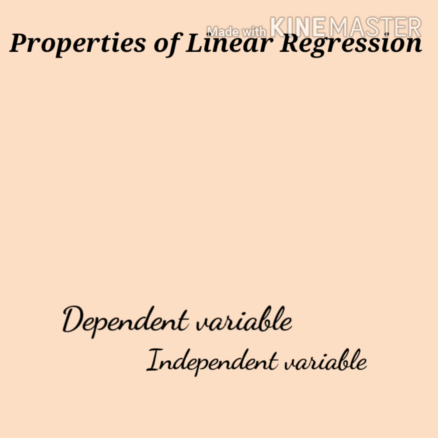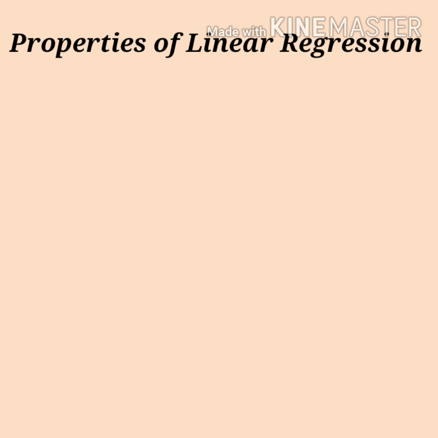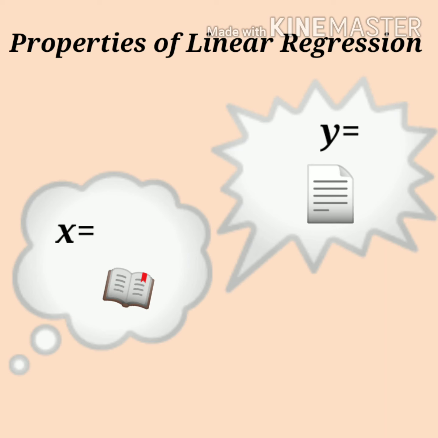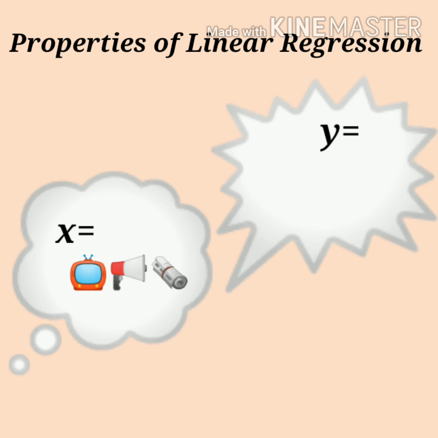Suppose in this regard I just give one example. Suppose variable x and variable y. Suppose x variable is denoting the hours of study and y variable is denoting the exam results. In other case, suppose the x variable is denoting advertising and y variable is denoting the sales.